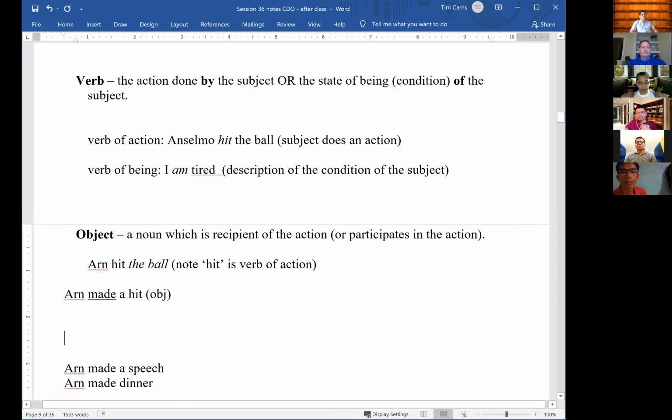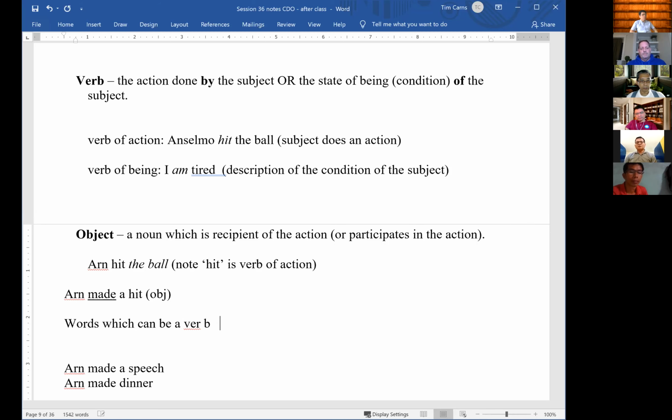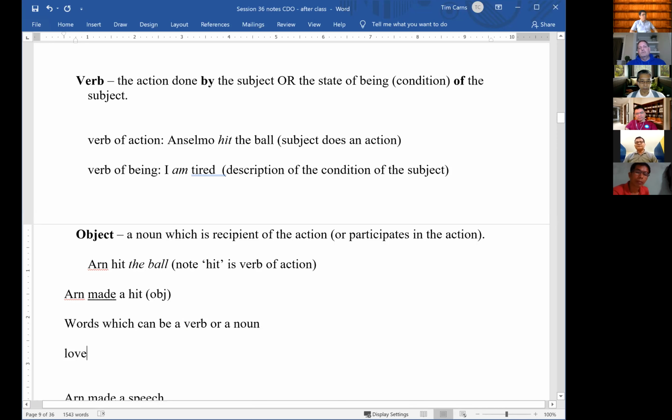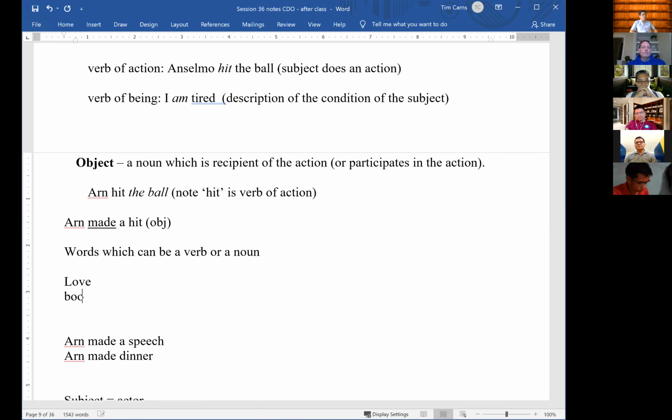So, right, you can have love, words which can be a verb or a noun. Okay, love, right? I love books, or let's talk about love. We talked about book. Book's another one. Remember, book a flight? That's a verb, but I like to read books. That's a noun.